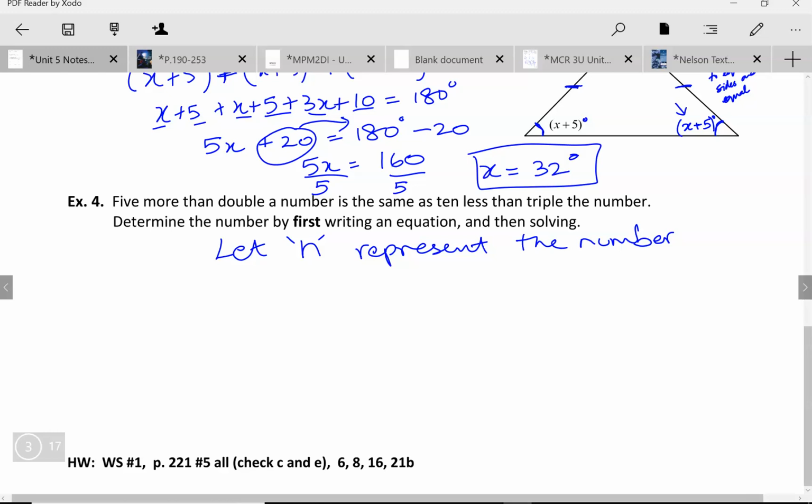The easiest way to read word problems like this: it looks like a bunch of Scrabble-like stuff, like 5 more than double the number. The reason we're giving you questions like this is to build critical reading skills.